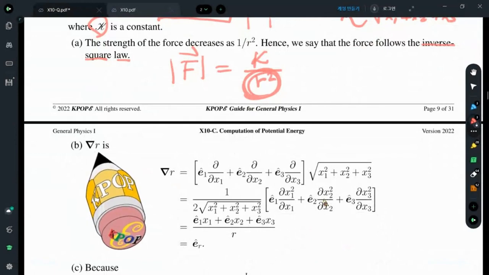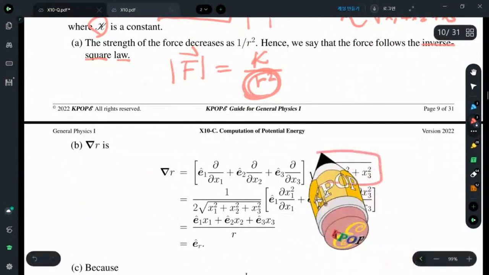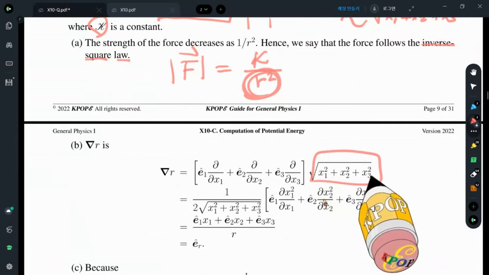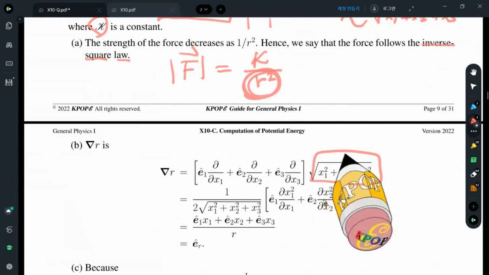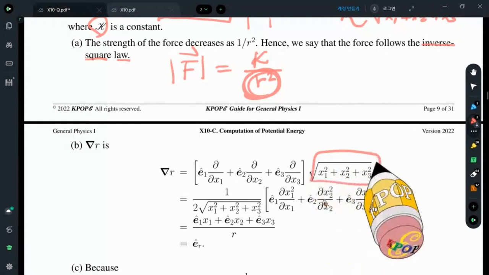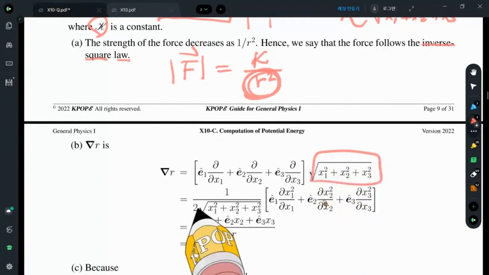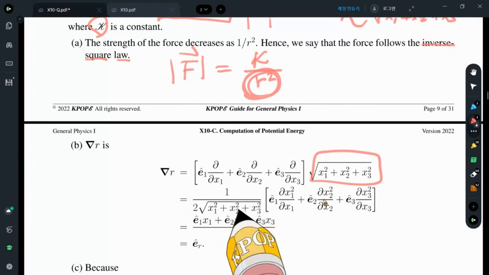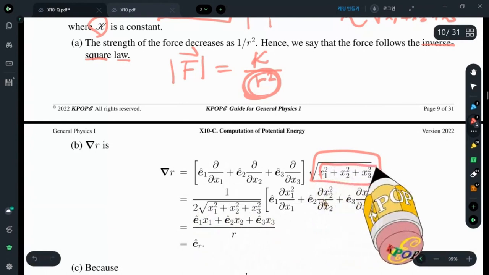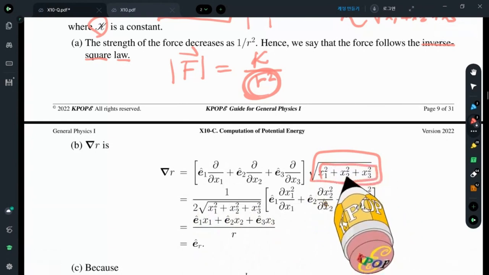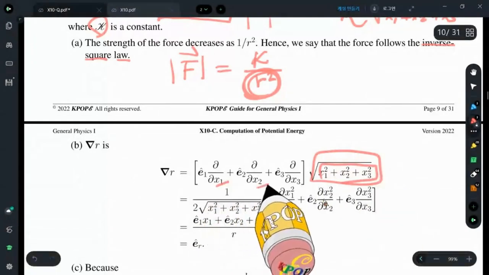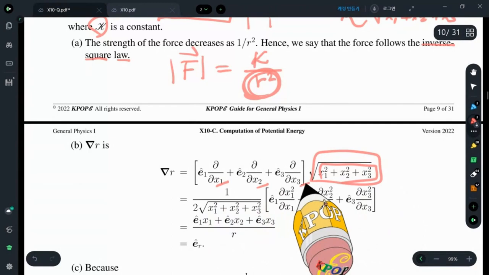Now let us compute the gradient of r. r is square root of x squared plus y squared plus z squared. And in the previous class, we have done a lot. And we can make use of the chain rule. Square root of something's derivative is 1 over 2 times the square root, right? And then we take the derivative of x1 squared, x2 squared, x3 squared, with respect to x1, x2, and x3, right?